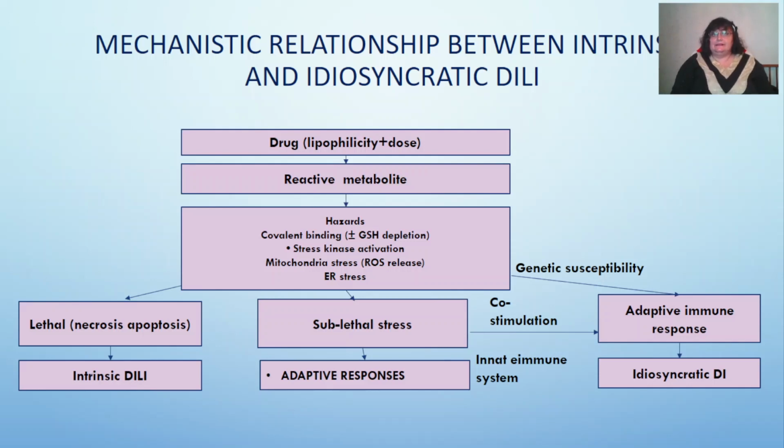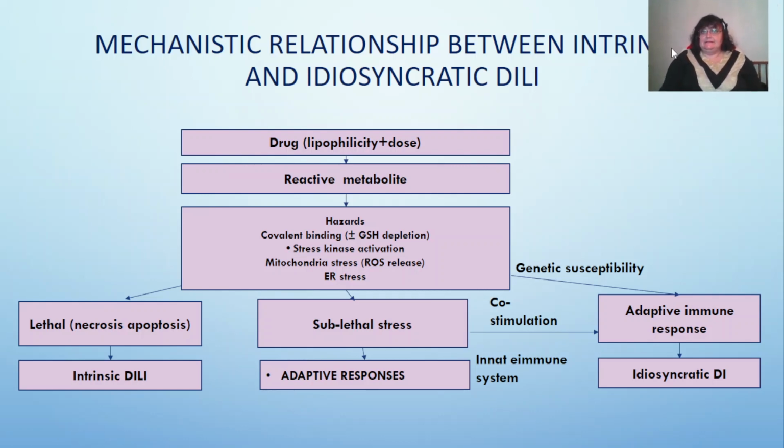You see the mechanistic relationship between intrinsic and idiosyncratic DILI. Drug characteristics include lipophilicity and dose, and can be a cause of reactive metabolites. It can cause hazards: covalent binders, glutathione depletion, stress kinase activation, mitochondrial stress, and reactive metabolite release, and stress at least.